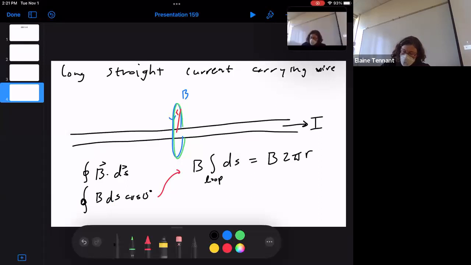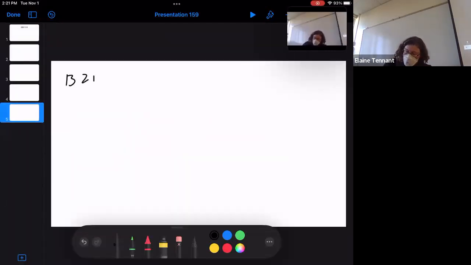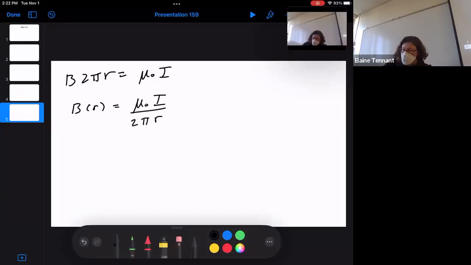So this is equal to the current inside the loop times this magnetic permeability, which brings us to the magnetic field of that wire: B equals mu naught I over 2 pi r.